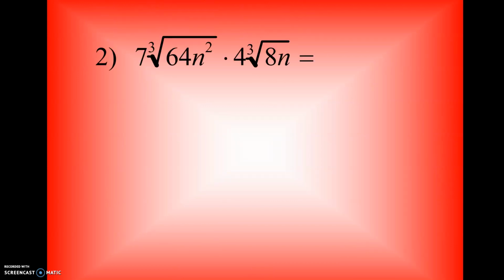So let's look at another one here. First we're going to multiply these. Since these are like terms, we can multiply the outside, so 7 times 4 is 28. And then I have the cubed root of 64 times 8, which is 512. And then n squared times n is n cubed.